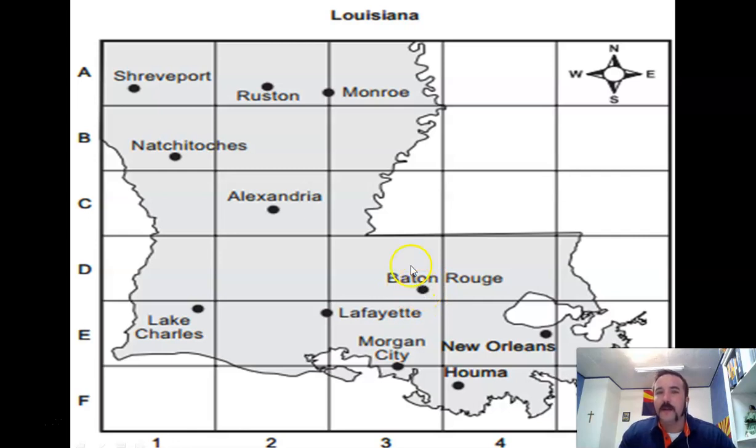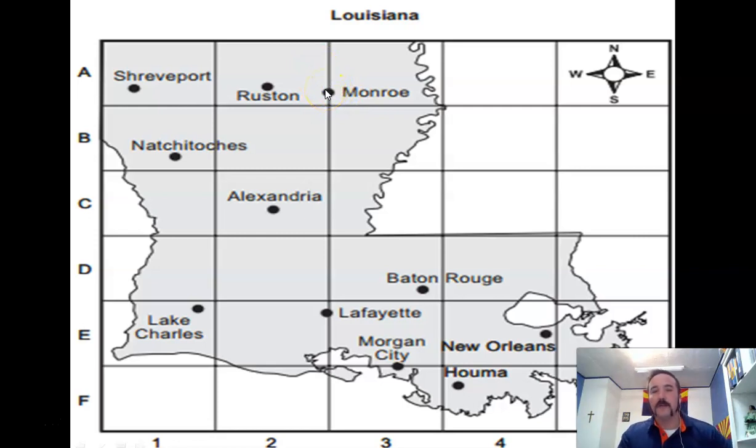Now, if you got some crazy city like Monroe, and we're not going to blame Monroe, it's not their fault, because somebody else put this grid map on here. You could actually say Monroe is in A2 and A3, so people know it's right in the middle of the line of A2 and A3.